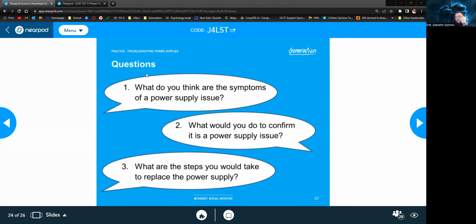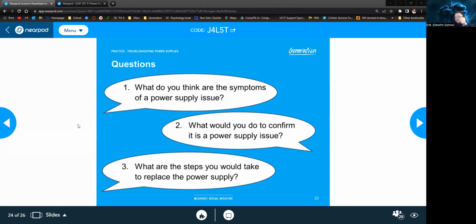A surefire method to figure it out. Use a good spare. Yeah, use something that you know is working, right? So if you have a good spare around, swap that out, and if your system works with that, then you know that the one that you were troubleshooting is probably faulty.